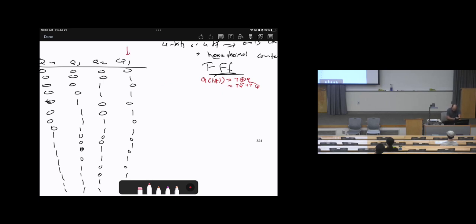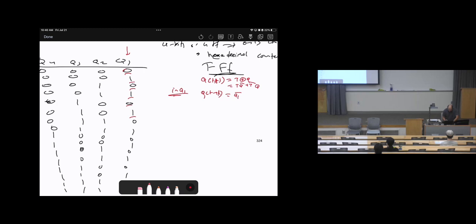Q1 is sometimes 0, sometimes 1. Which means if the old status was 0, the next status will be 1, and if the old status was 1, the next status will be 0. This means Q1 of t plus 1 equals Q1 bar, right? Because if it was 0, it will be 1, and if it's 1, it will be 0.